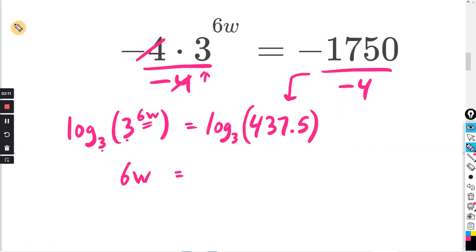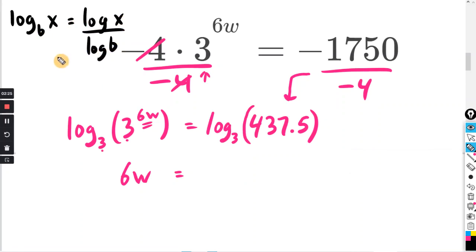If you remember the change of base formula, when you have log base b of x, you do the log of x divided by the log of b. The base number always goes on the bottom and the argument goes on the top. The base of these logs doesn't matter as long as they match. So typically we just use base 10.